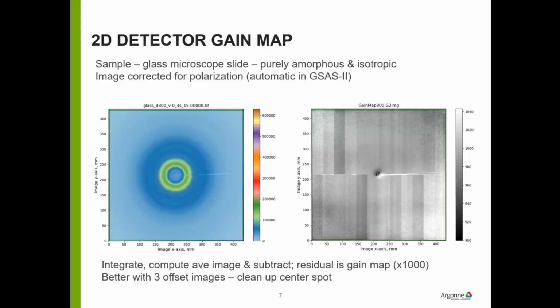Subtract one from the other, and the difference is the gain map. Now, that's a whole lot easier than some of the other kinds of procedures that people have suggested, where you have a detector which is offline, you have some sort of uniform source of X-rays, probably at the wrong wavelength, or some other wavelength, and you try to measure the response directly. This is easier. It does have a little bit of a problem right here around the beam stop.